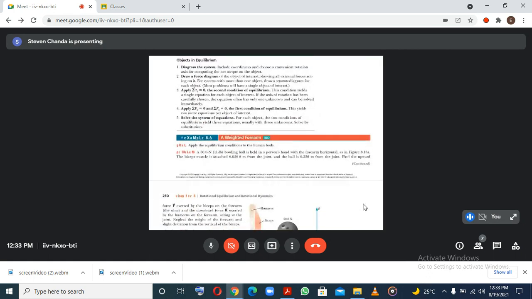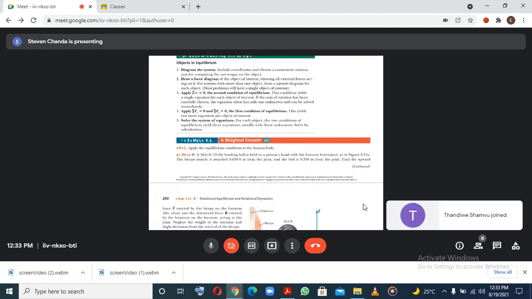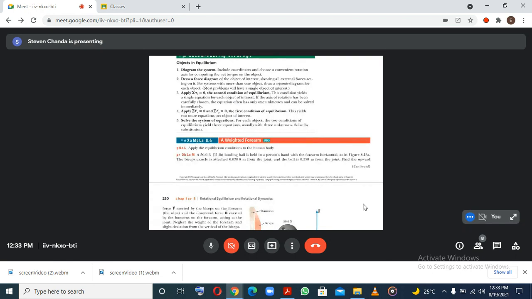The question is saying a 50 Newton bowling ball is held in a person's hand with the forearm horizontal, as in figure 8.13a. The biceps muscle is attached 0.03 meters from the joint. The ball is 0.350 meters from the joint.